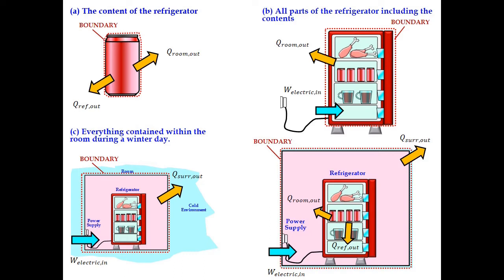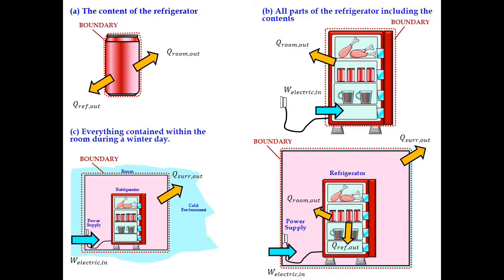This is due to our boundary selection. For Q room out and also Q ref out, the energy does not cross the boundary. So the energy transfer is within the system boundary, and we cannot include Q room out and Q ref out in our analysis, because this energy does not cross the boundary that we select.